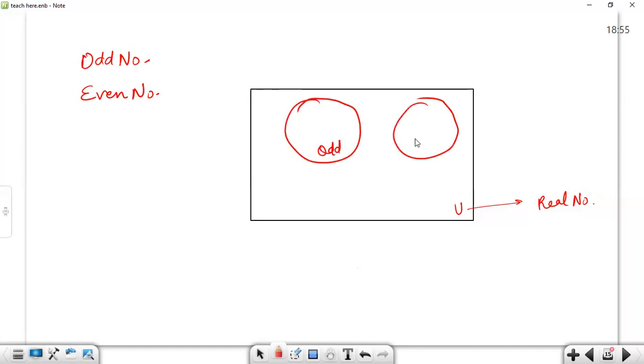Let's write A for the odd numbers set and B for the even numbers set. This is how we represent two sets on a Venn diagram using the universal set, which here is the set of real numbers, because A and B are subsets of real numbers. Clear? Any doubt?